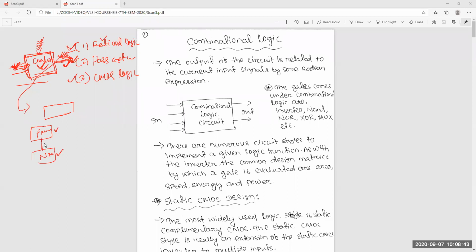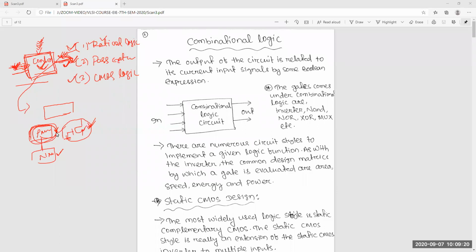But in ratioed logic, in the pull-up part only one MOSFET is there, with the PMOS always connected to ground. We already discussed this in our past session on inverter static characteristics, the inverter using a MOSFET load. So that is ratioed logic.